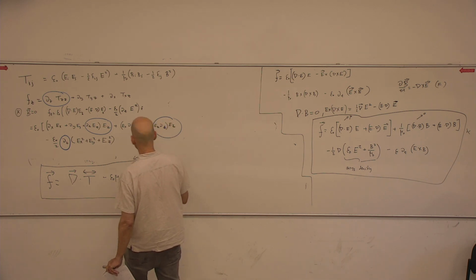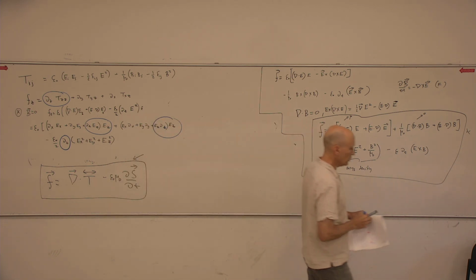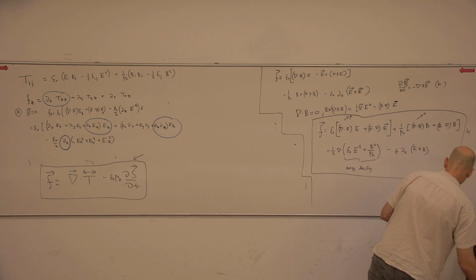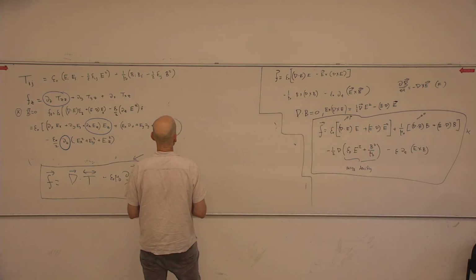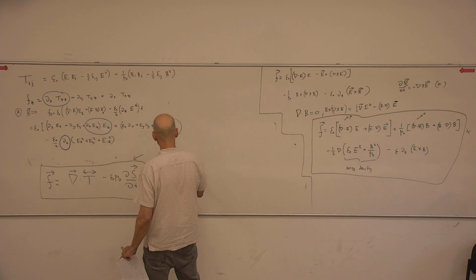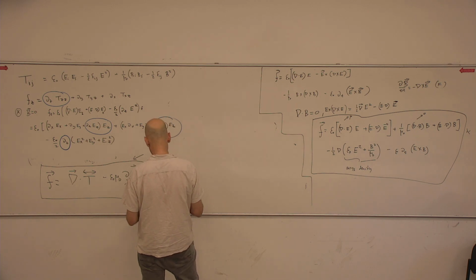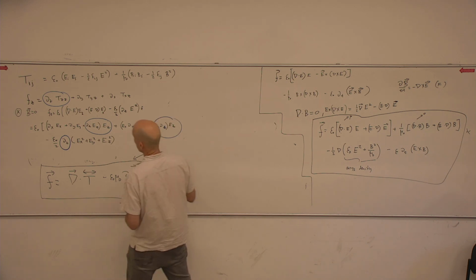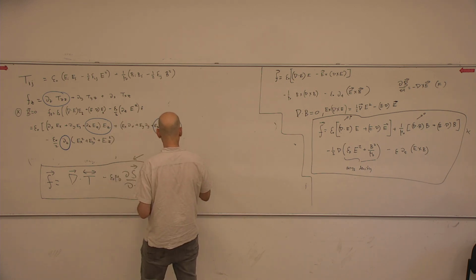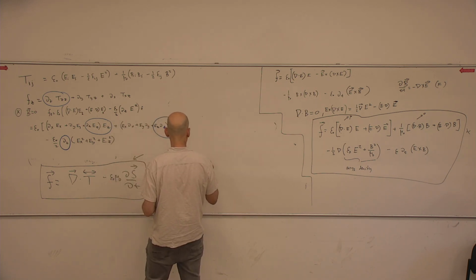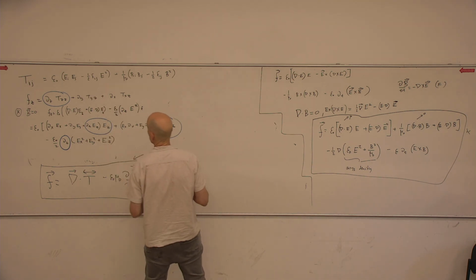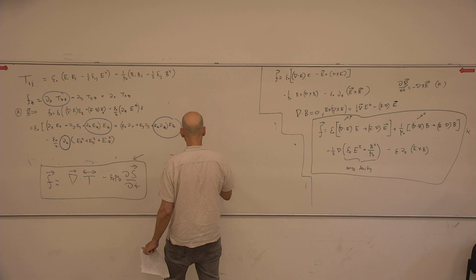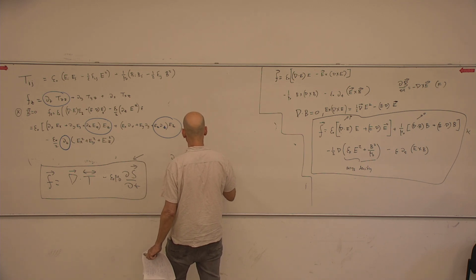So if I still work here, let us look at this. Take the derivative of z, of Tzz. Where is the definition of T? Up here. So this is the derivative with respect to z of epsilon 0, which I can put out.